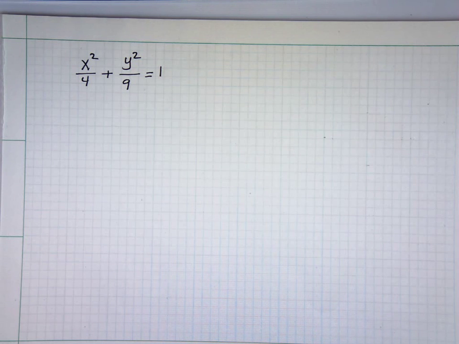Which number is bigger, 9 or 4? 9. And that's along the y-axis. That's going to be up and down.